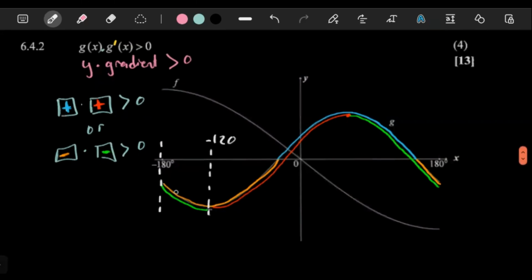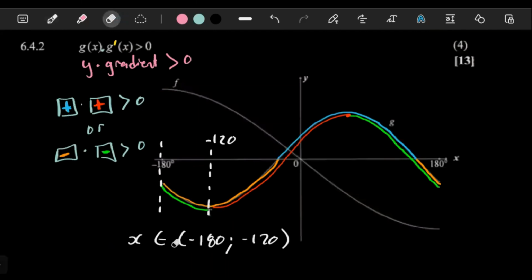So for the first portion of your answer, you'll have to say that x is an element of negative 180 up until negative 120. It's a round bracket at negative 120 because specifically at this point, the gradient is equal to 0, not smaller than 0. So here we won't need to include the negative 120.